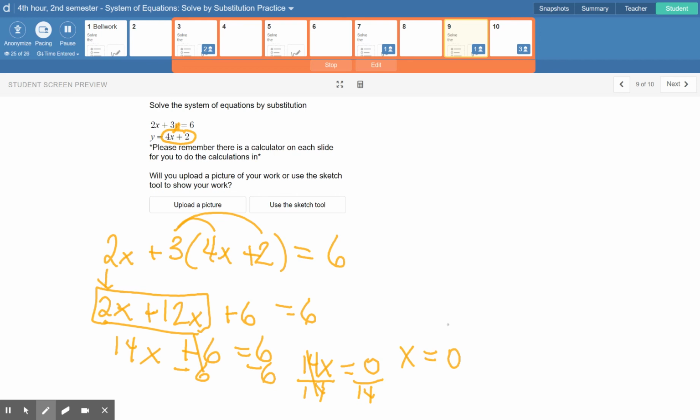So we have to plug it into the easier equation. In this case, our easier equation is y equals 4x plus 2. Now remember, you can technically plug it into the first equation. It doesn't matter.